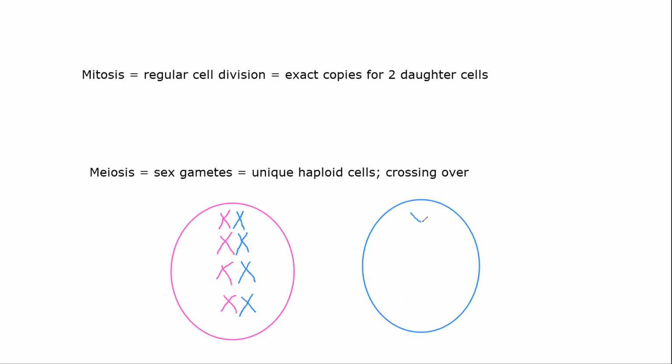And this is just following one set of the homologous pair. And because we lined up on this side, all of the blues went over here. Now remember that these get attached to the meiotic spindle. They attach at their centromeres, and they're going to get pulled apart during anaphase.